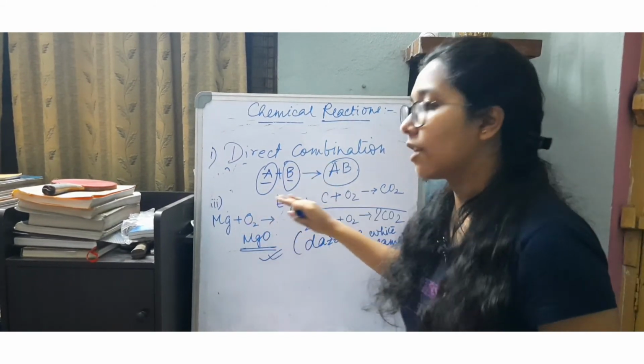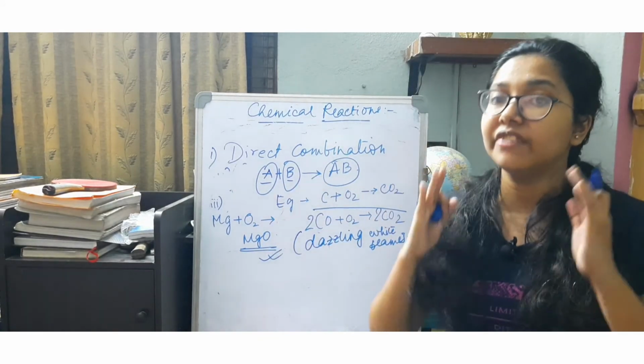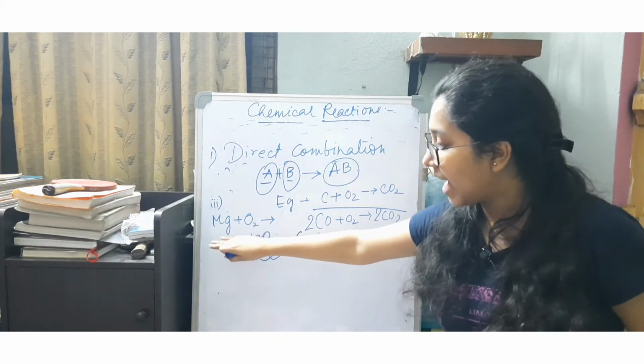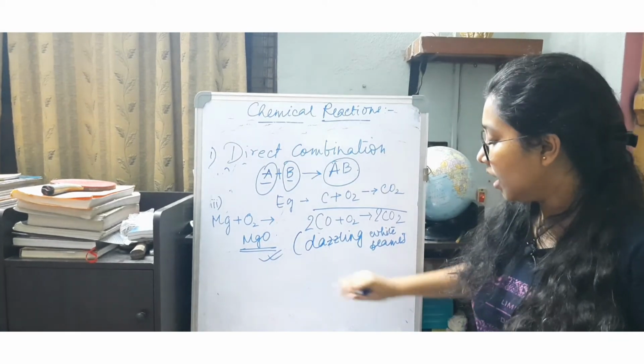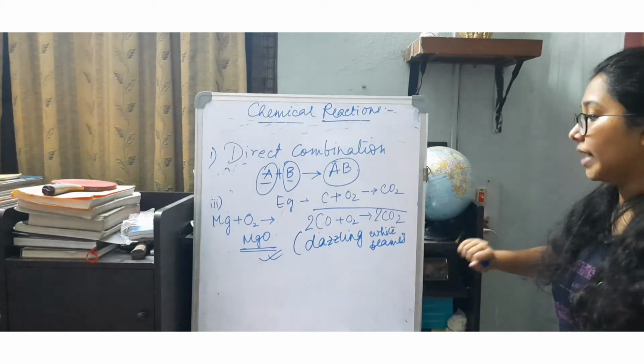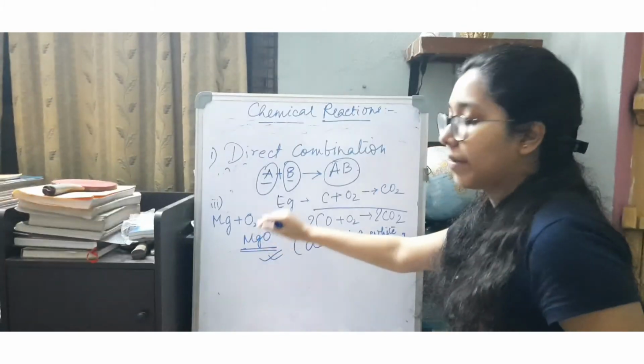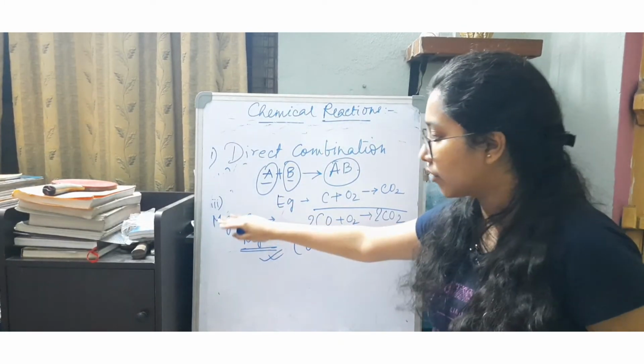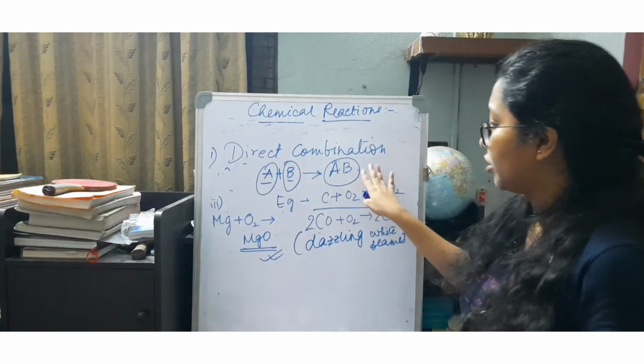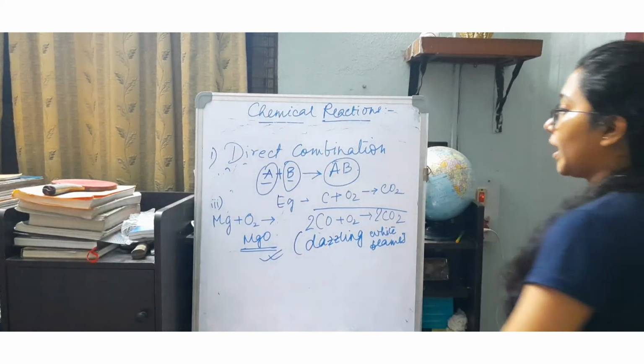So this is the basic observation, which is very important. When magnesium and oxygen combine, there is a dazzling white flame, and with this dazzling white flame there is the formation of magnesium oxide. So this is also a direct combination reaction of the type A plus B equal to AB.